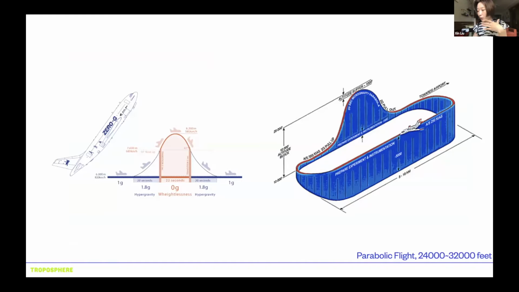Though at this height our daily experience is still rather earthbound, we can already simulate an outer space-like experience with parabolic flight. Parabolic flights are aircraft which can give their occupants the sensation of weightlessness by following a parabolic flight path relative to the center of the Earth.